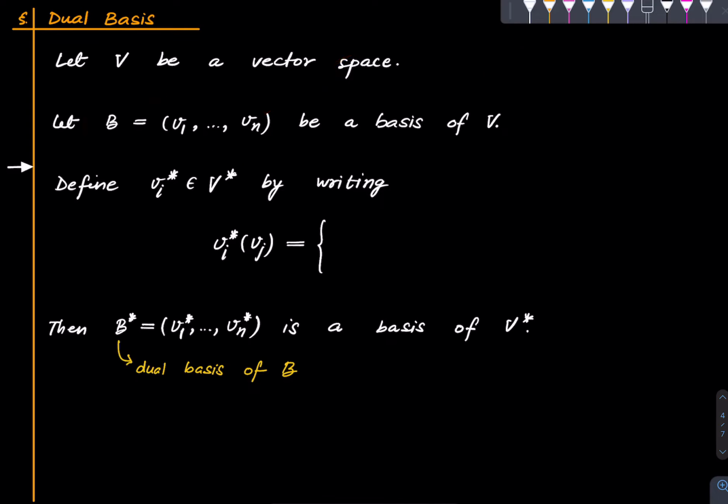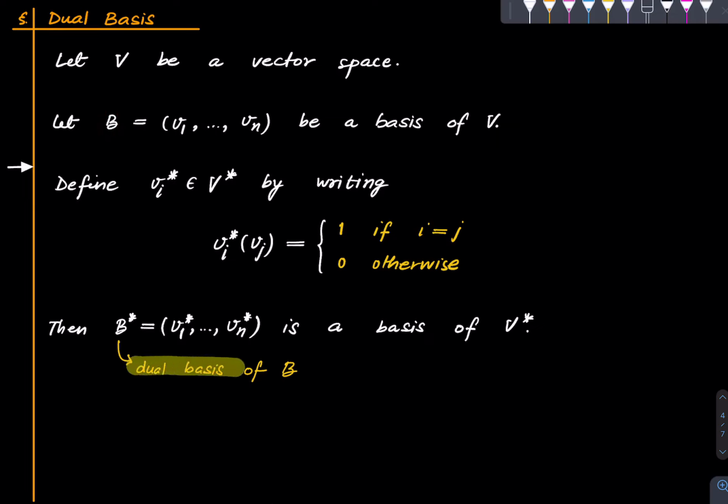If you just use that and look at the recall, we can define elements of V star in the following way: f_i(v_j) equals 1 if i equals j and 0 otherwise. This collection forms a basis of V star, and this is called the dual basis of the basis B.